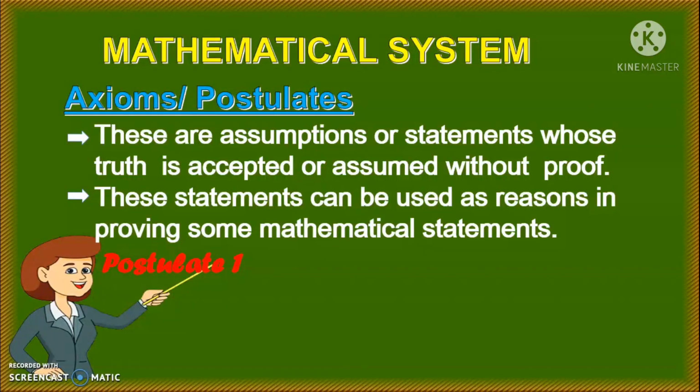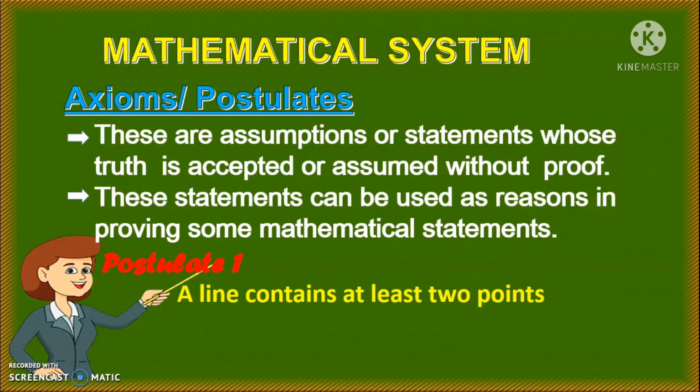So we have postulate 1. A line contains at least 2 points. Na-discuss na natin yan sa line, sa undefined terms. A line contains at least 2 points. So, I have an illustration.